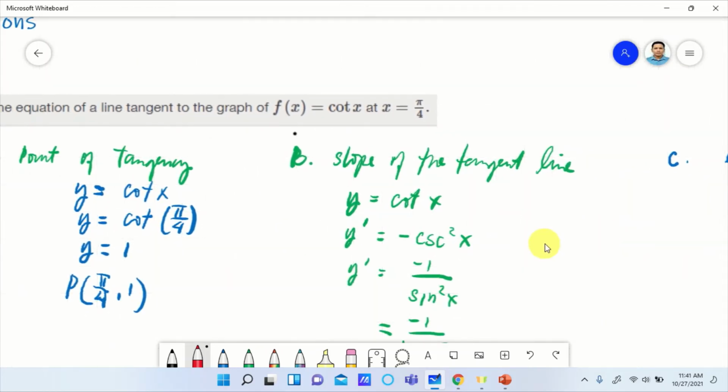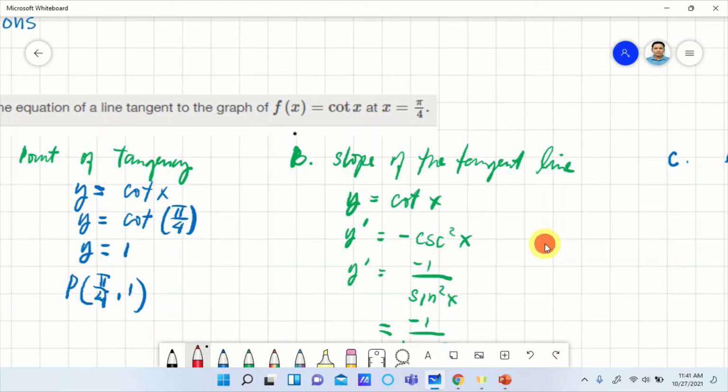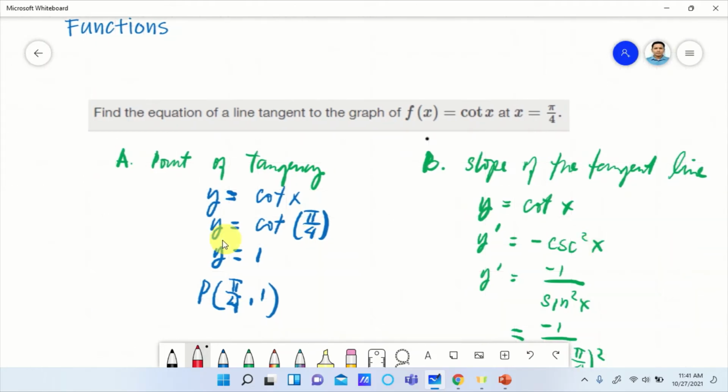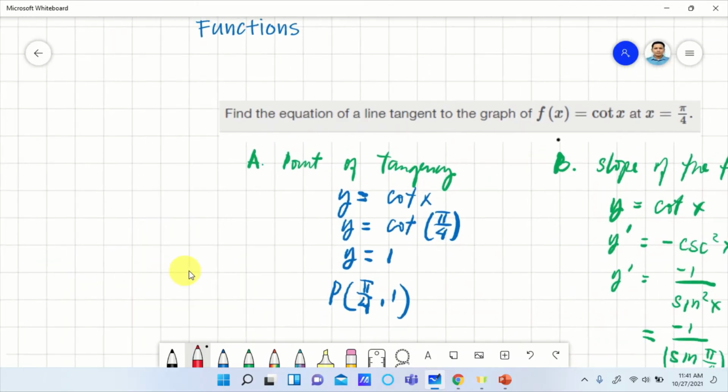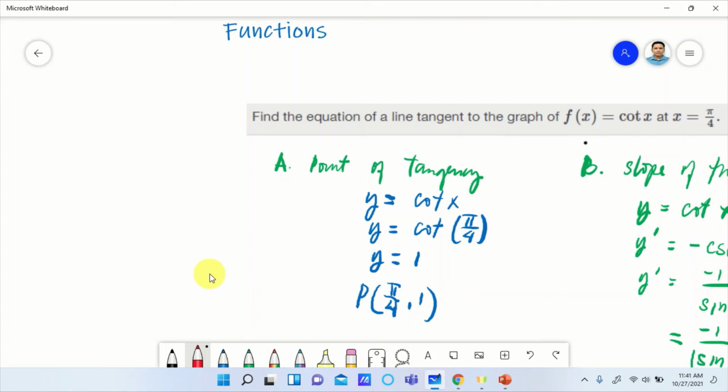Now, bear in mind that if you are evaluating trigonometric functions, be sure that you set your calculator in radian mode, because your calculator will give you a different answer if it is set to the degree mode, which is the default. So let's look at the process of finding the point of tangency.